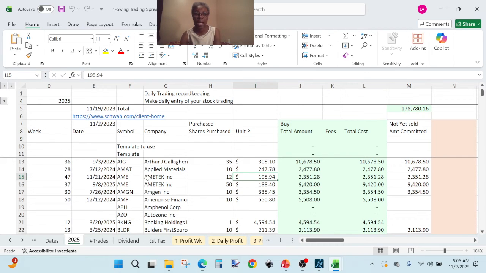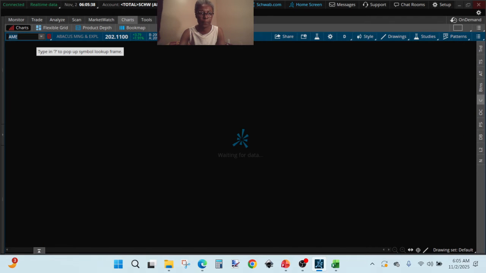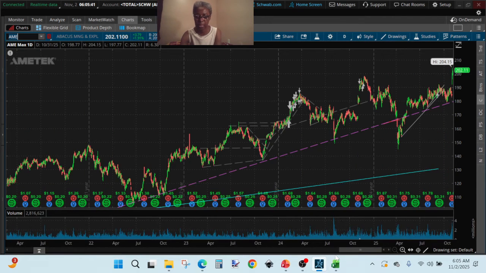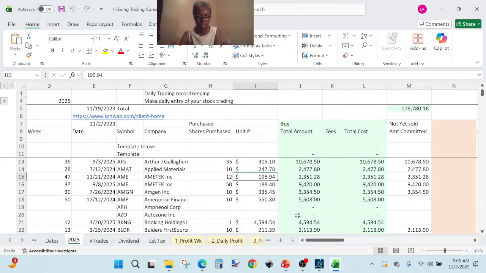The first one at 195, the second one at 188, and I'm not sure how much it's selling for right now, so we have not sold them yet. And if we go back to AME, 202, so you can do the calculation there to see how much profit per share that is currently.